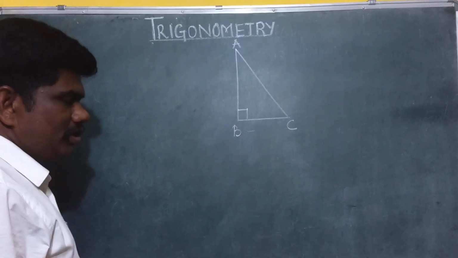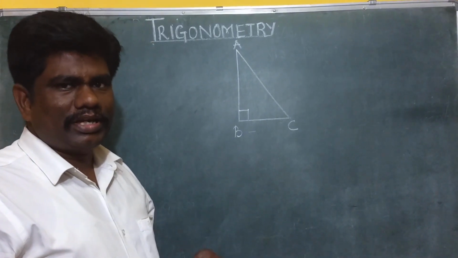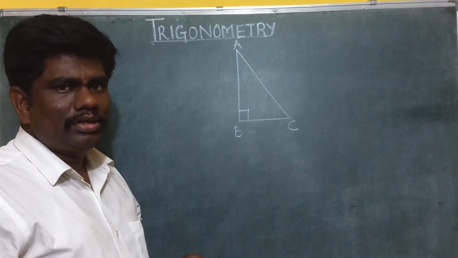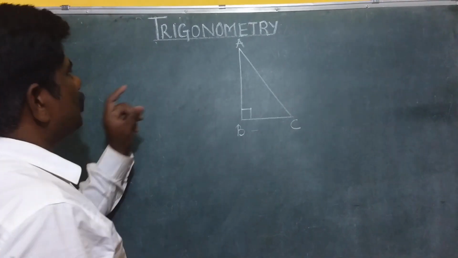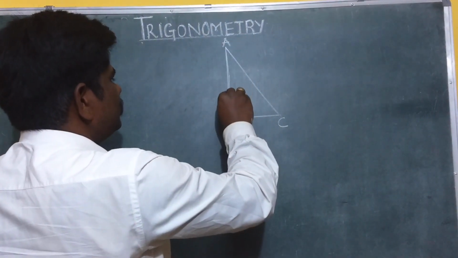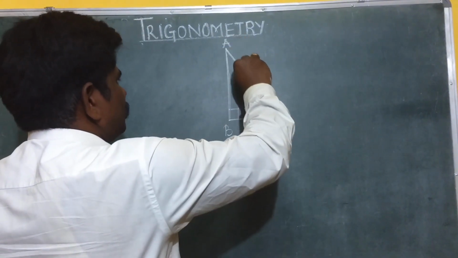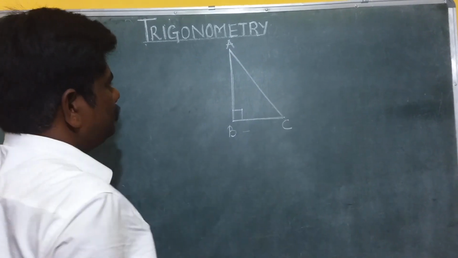If in a triangle one angle is 90 degrees, we call it a right angled triangle. So in trigonometry, we consider right angled triangles.